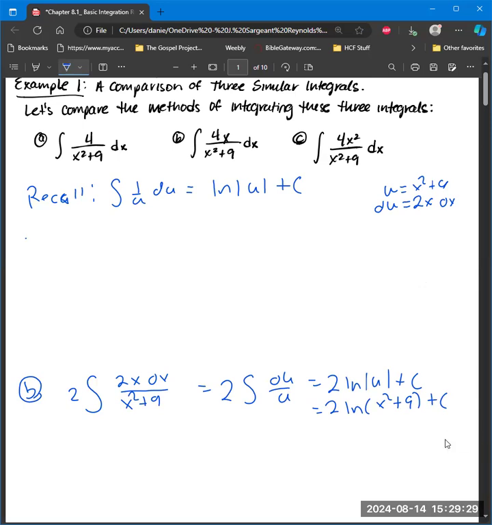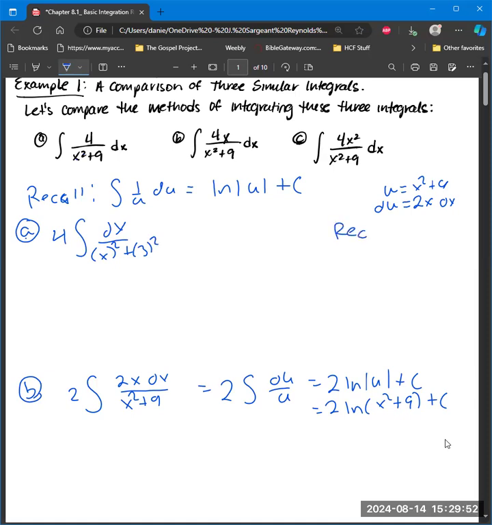For A, because I have an x squared and I have a dx here, I'm going to be thinking of an arctangent rule. This can be 4 integral of dx over x squared plus 3 squared.